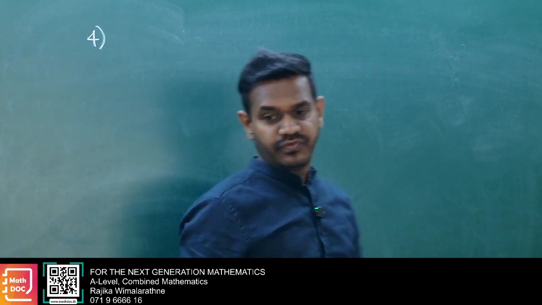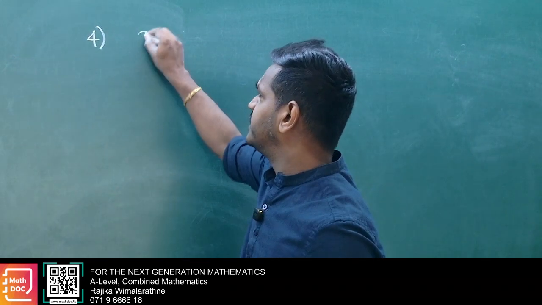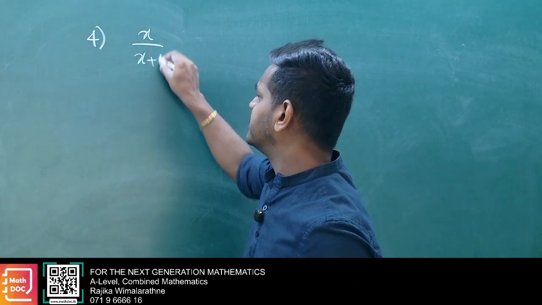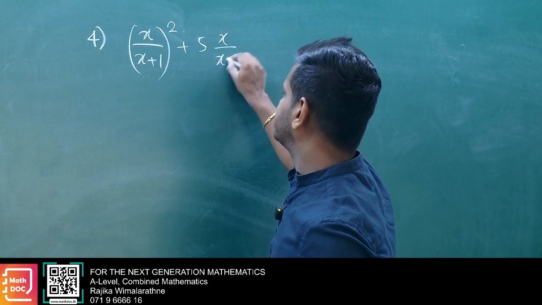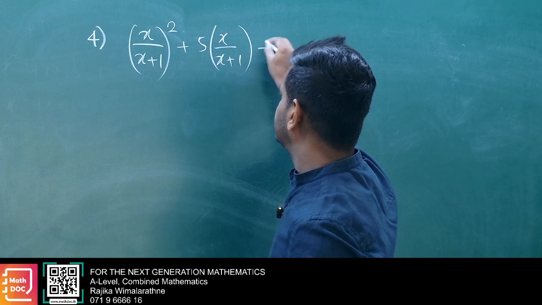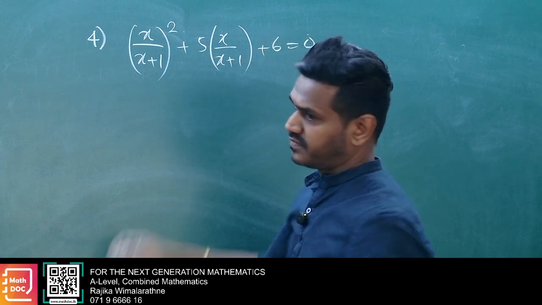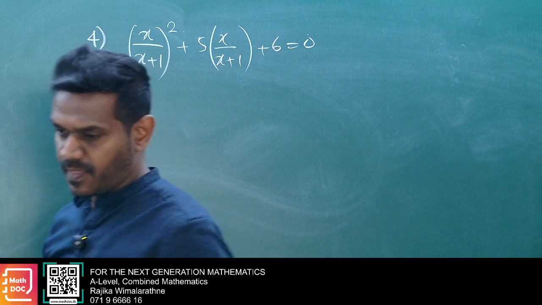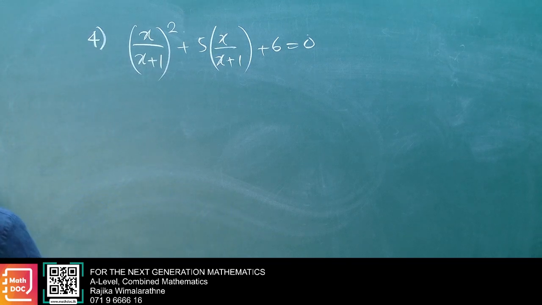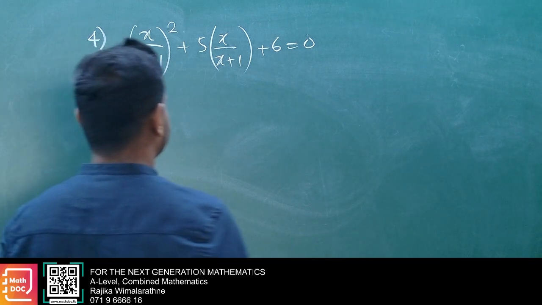Okay, then question number 4. X over x plus 1 square, minus 5x over x plus 1, plus 6, 0. Then take substitution.